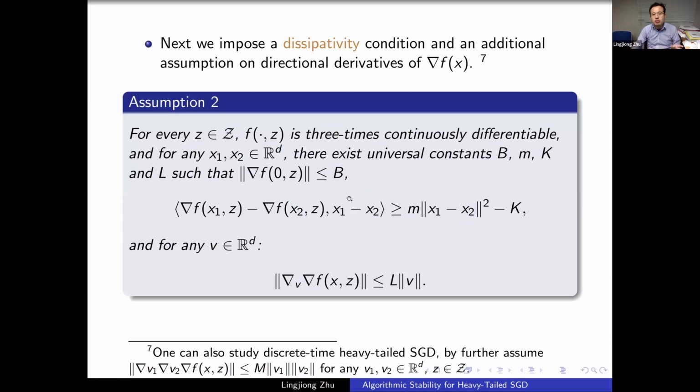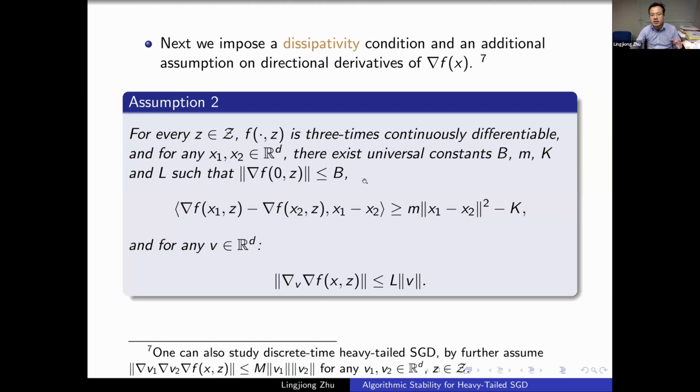The dissipativity condition says that you don't have strong convexity, but at the global level you have a kind of quadratic growth. That's what the dissipativity condition is about, and it's a commonly used assumption in the non-convex literature. And now, of course, we also mention that in our paper, in order to study discrete-time heavy-tailed SGD, one can even impose a stronger assumption.